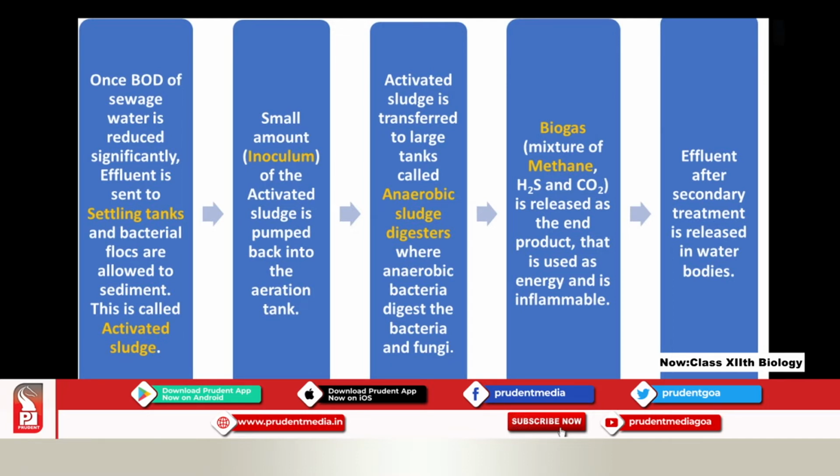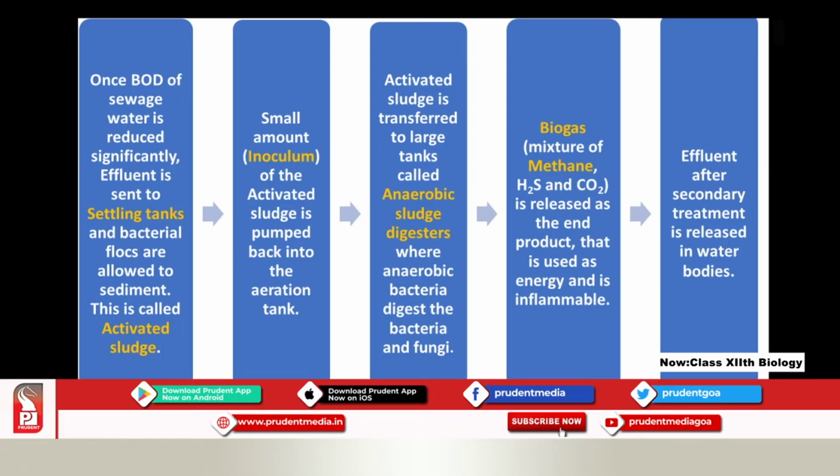I told you also when I showed you the plant, what is activated sludge? Activated sludge is when the bacterial flocks are added to the sludge. Now, a small amount of inoculum of the activated sludge is pumped back into the aeration tank. So, the sludge is then a secondary treatment on that plant which I showed you, one cone like.